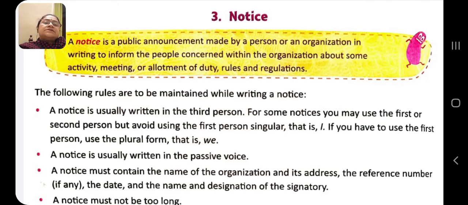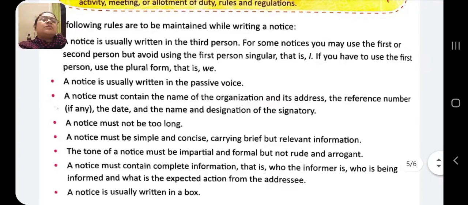A notice is written in the passive voice as it is formal writing, as I told you before also, like students are hereby informed that. In this way we write. Then a notice must contain the name of the organization and its address, the reference number, the date, and the name and designation of the signatory.